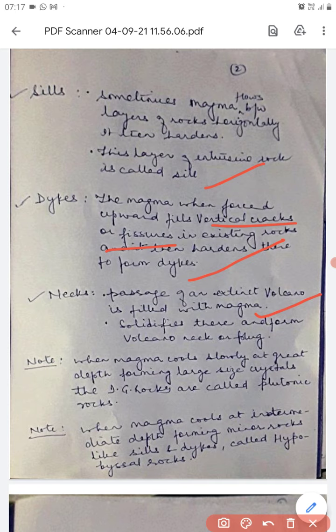Now there is a note for you: when magma cools slowly at a great depth, forming large size crystals, the igneous rocks are called plutonic rocks. So plutonic igneous rocks are those rocks formed when magma cools at a great depth, forming large size crystals.